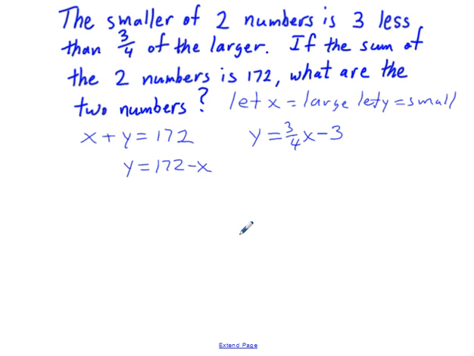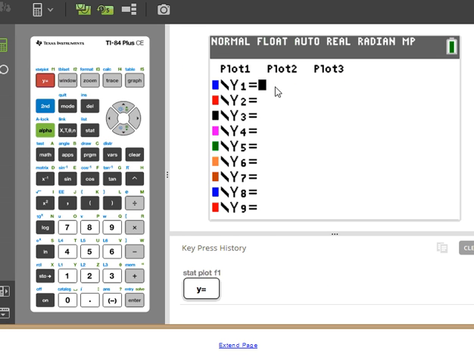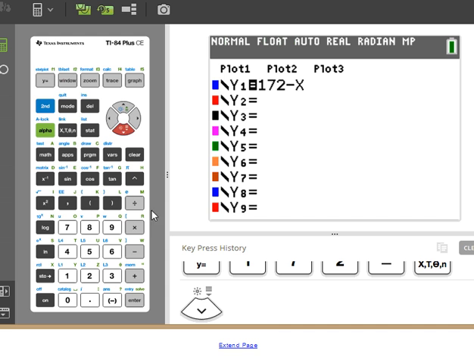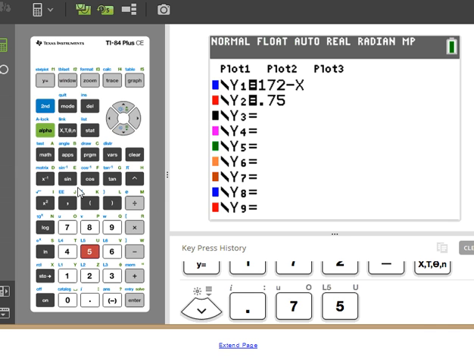And now we can go to a calculator, and here I am in my function editor view. So we have 172 minus x, and then we have 3/4 x, and I'm pretty sure that was minus 3.